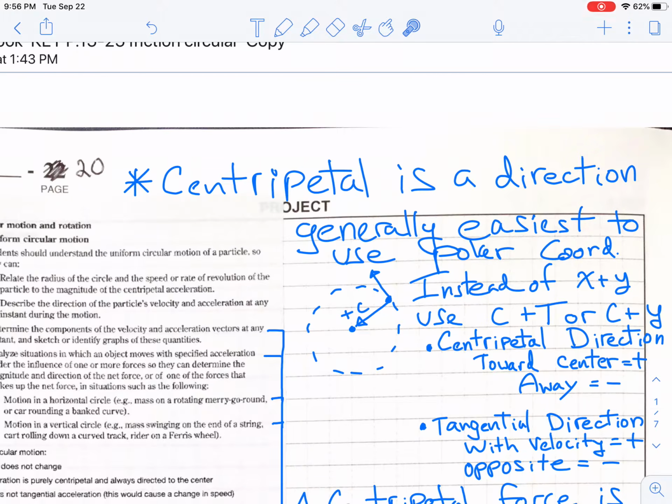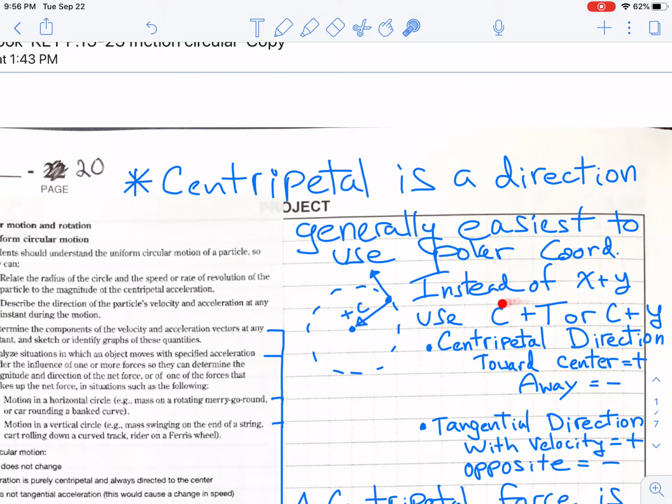In general, for these kinds of problems, if you were looking top down, maybe at a car going around a bend, we'd want to use polar coordinates, where you have a radius and then an angle. The angle is not as important here in uniform circular motion, but the idea is we have a centripetal component and a tangential component.